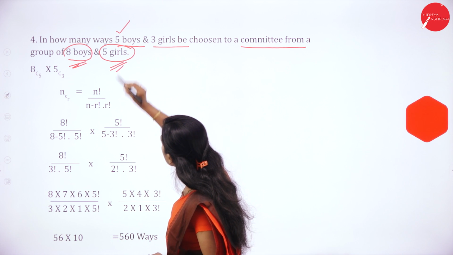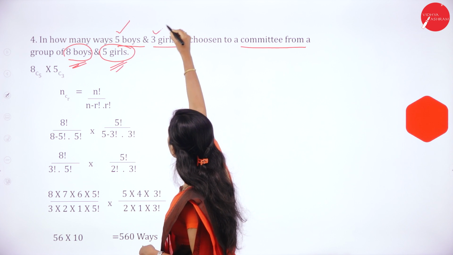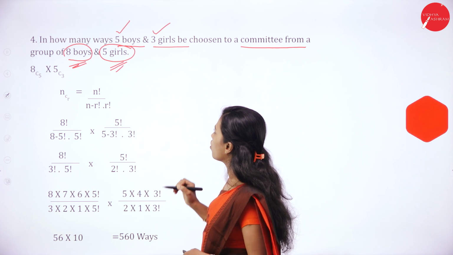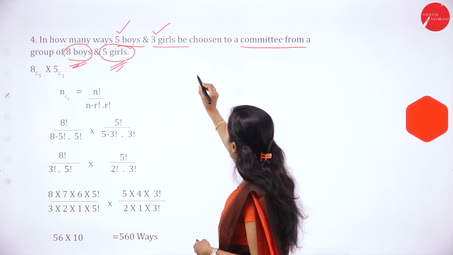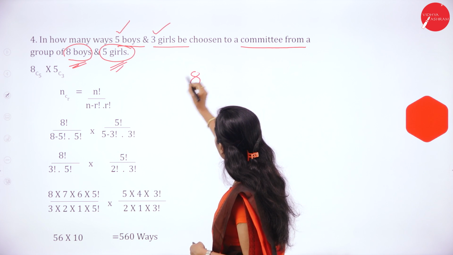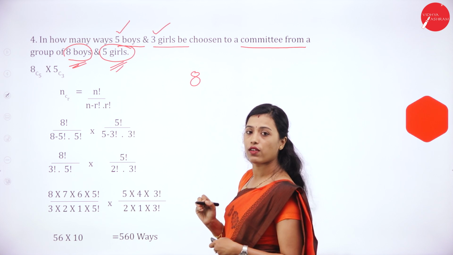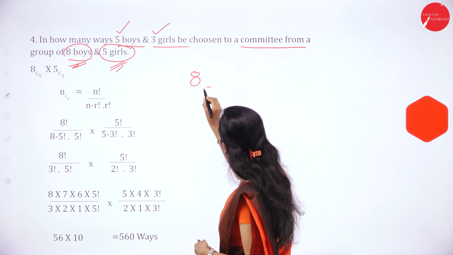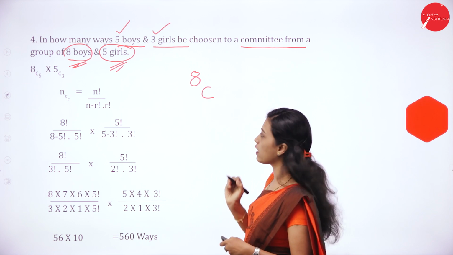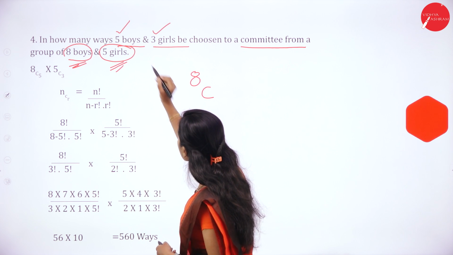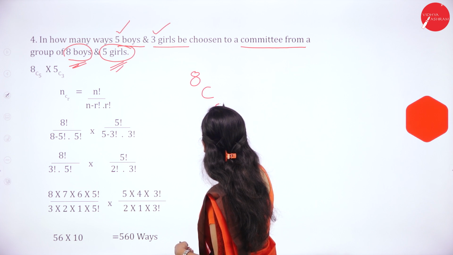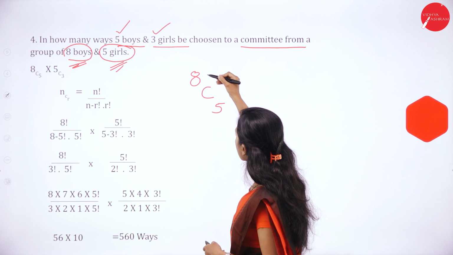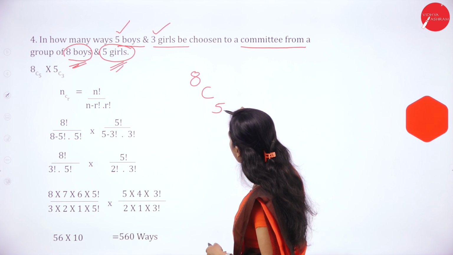Out of 5 girls, we are going to select 3 girls. So out of 8 boys, n is equal to 8. Selecting means combination. How many boys? 5 boys. So out of 8 boys, we are selecting 5 boys.